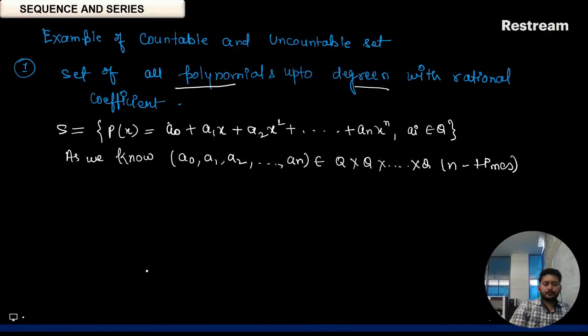So if you choose any such tuple, we can construct our polynomial. If we take all tuples, the cardinality of all such tuples will be equal to the cardinality of the polynomial set.